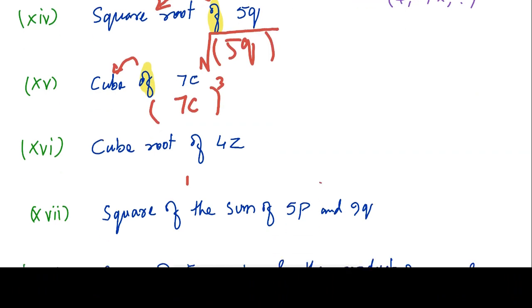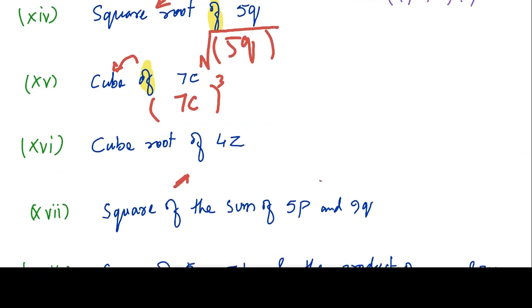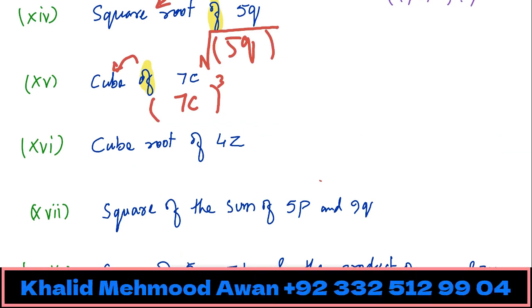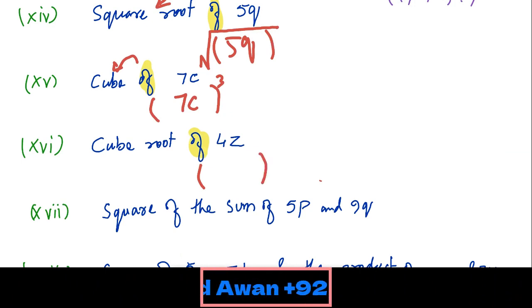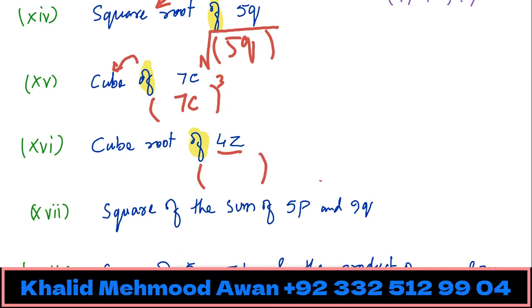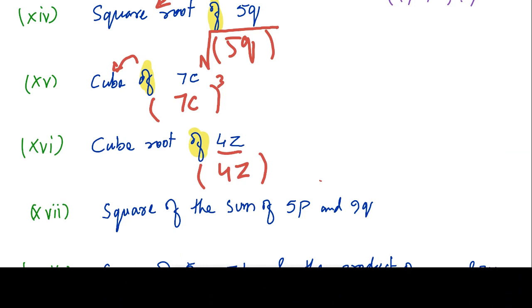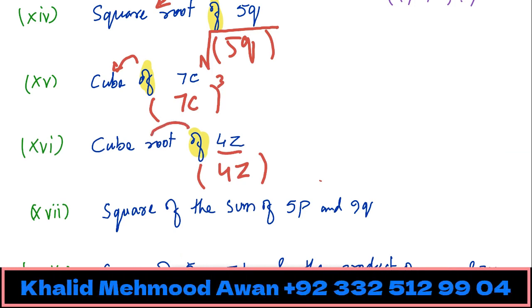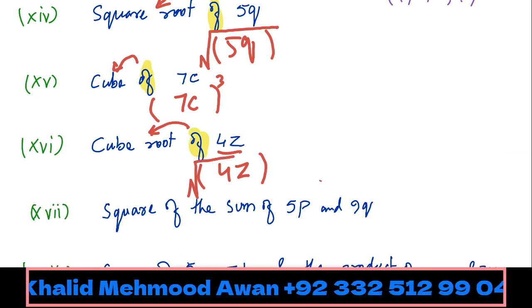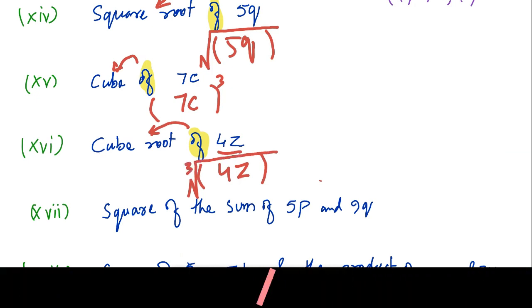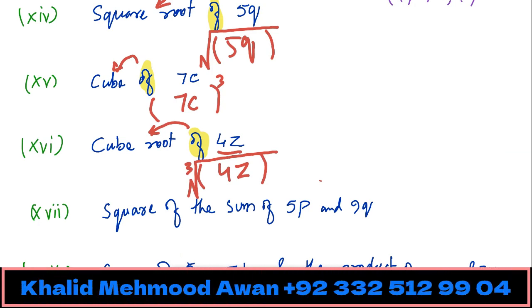Now there is a statement which says cube root of 4z. So we'll be highlighting "of", and "of" will be replaced by a bracket till the end of the statement, and there is the word 4z, so we're writing 4z. Before "of" there is the word cube root, so we'll be putting a cube root on it. That is a cube root, which has a smaller 3. The 3 is a smaller number representing that this is a cube root.